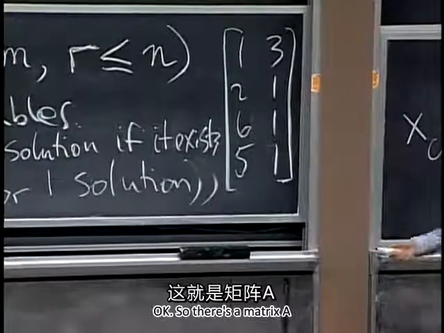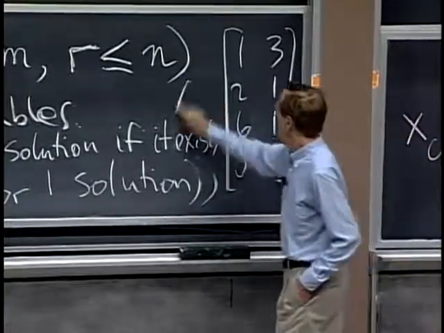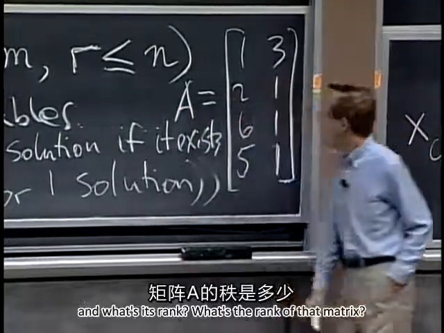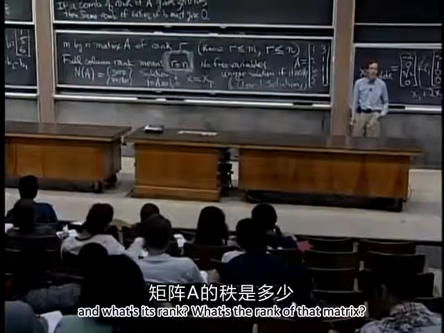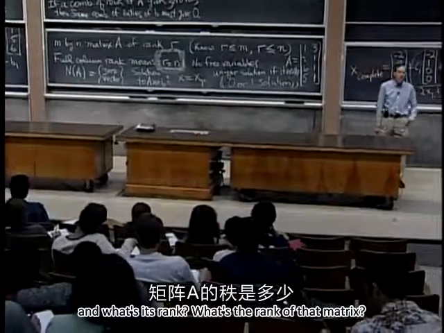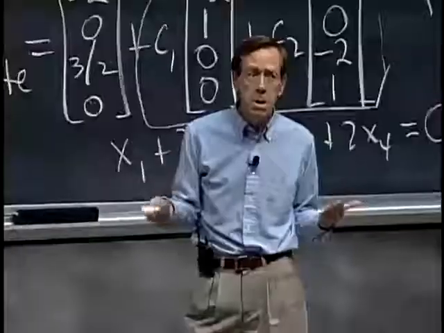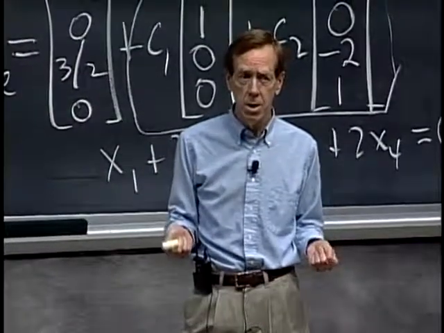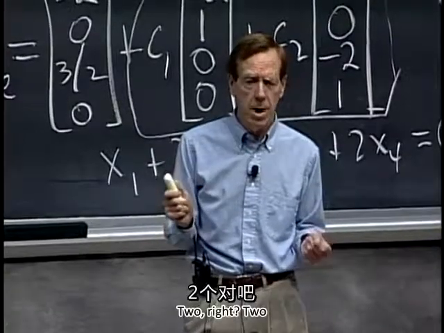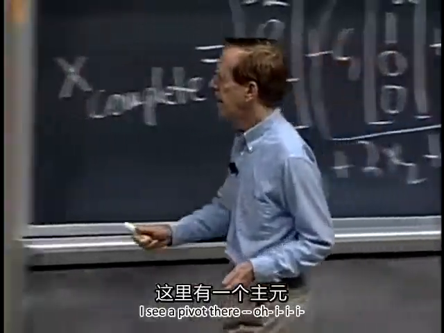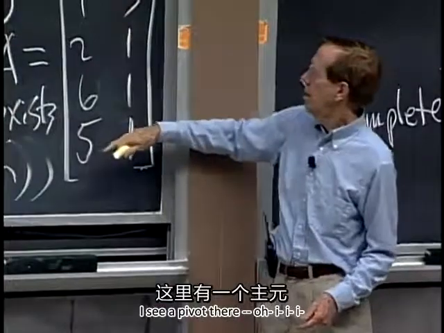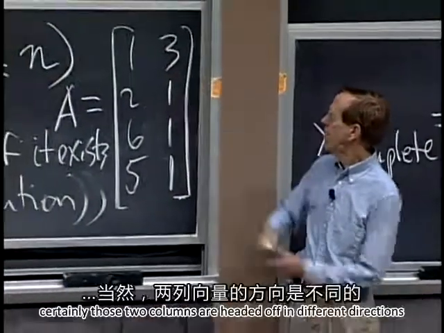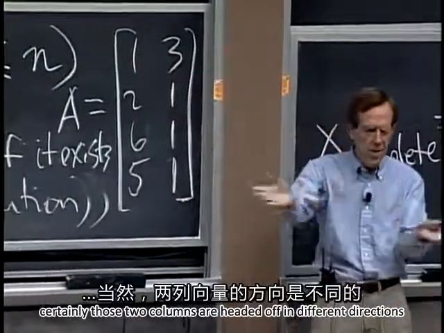So there's a matrix A. And what's its rank? How many pivots will I find if I do elimination? 2, right? I see a pivot there. Those 2 columns are certainly headed off in different directions.